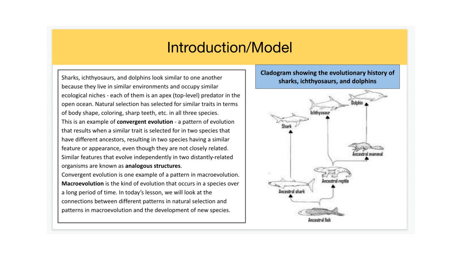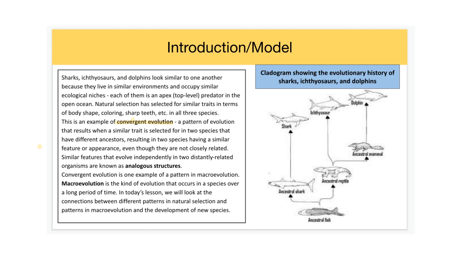in all three species. This is an example of convergent evolution, a pattern of evolution that results when a similar trait is selected in two species that have different ancestors, resulting in two species having a similar feature or appearance even though they are not closely related.